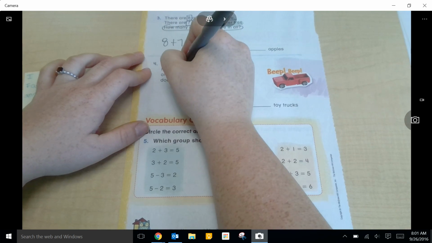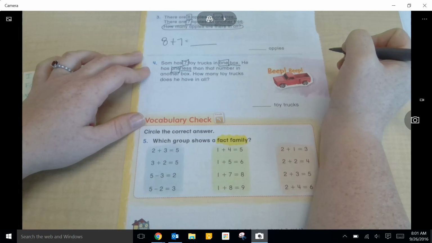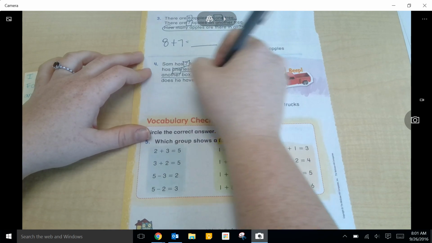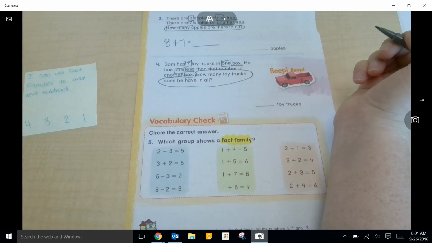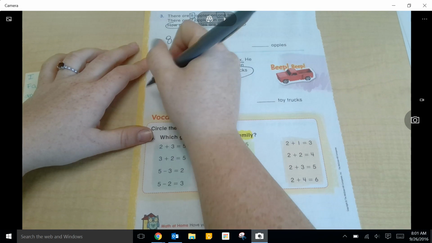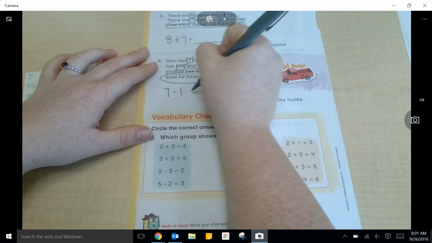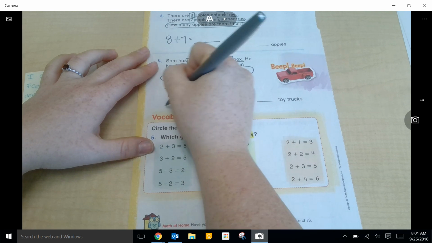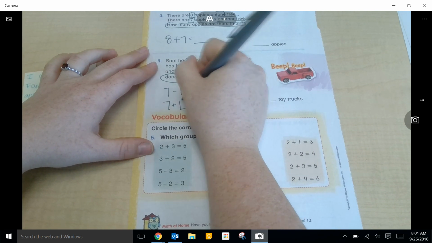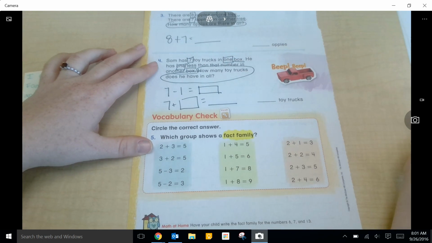He has 1 less than that number in another box. How many toy trucks does he have in all? So you need to figure out what 1 less from 7 is. So 7 minus 1 equals something. And then 7 plus something equals how many trucks he has in all.